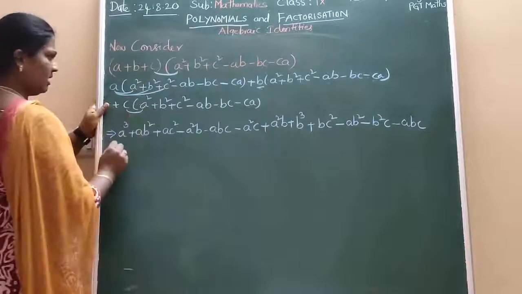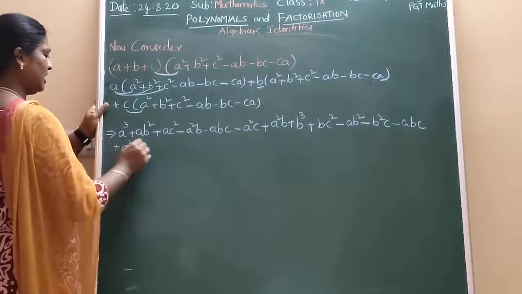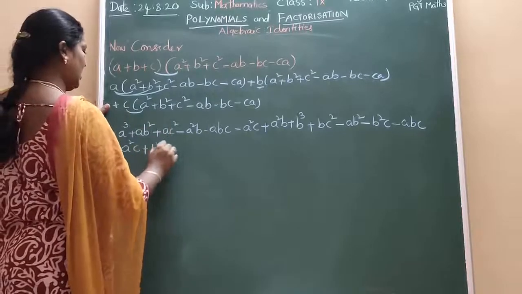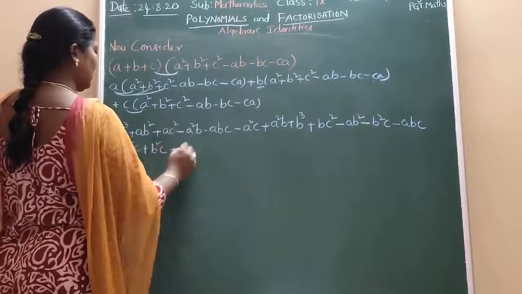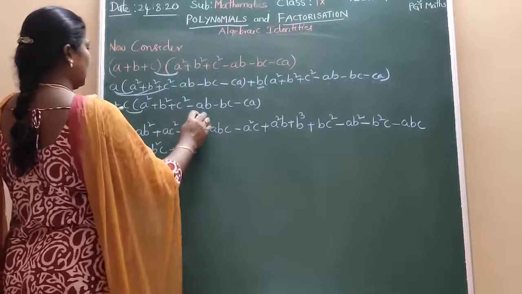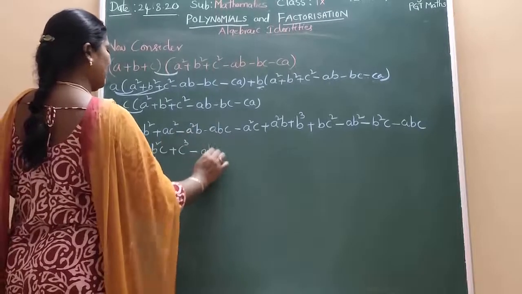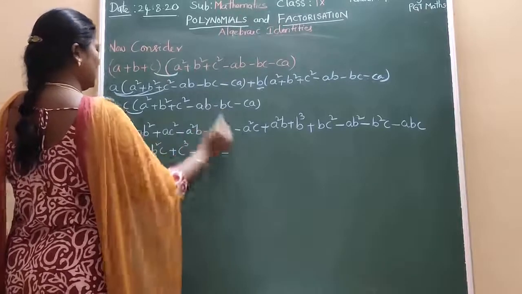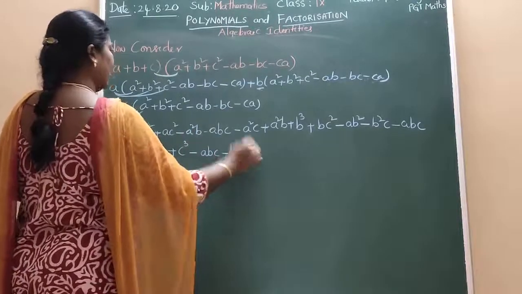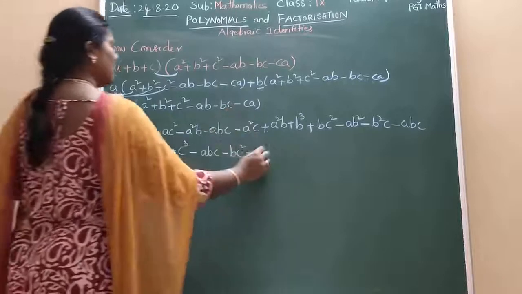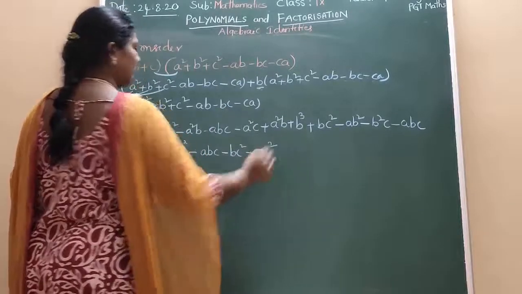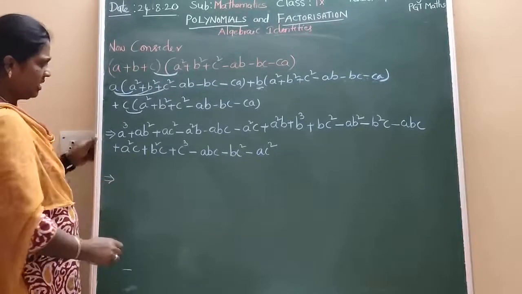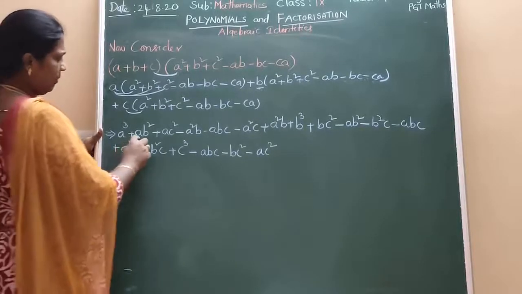Then c into a², plus a²c, plus c into b², plus b²c, plus c into c², c³, minus ab into c, minus abc, minus bc into c, that is bc², minus c into ca, ac². Okay, now see, are there any opposite signs or not?